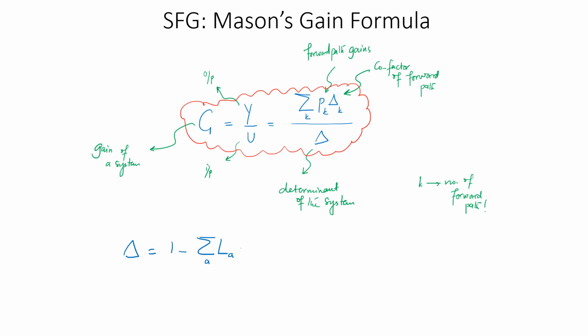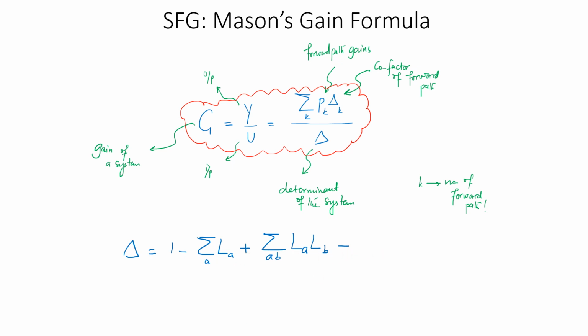And then you have to add the sum of all possible combinations of two non-touching loops, A and B. So this is going to be all the possible combinations of two non-touching loops added in. And then once again you have to reverse the sign. So if this is minus, this is going to be plus, then minus, and so on and so forth.